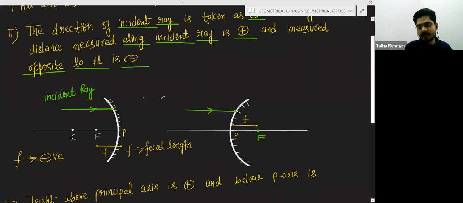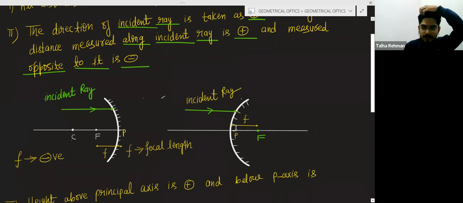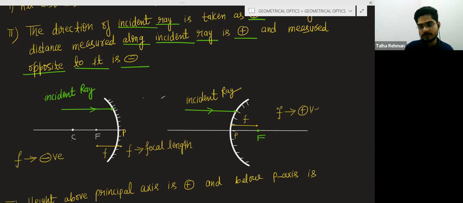This is the direction of the incident ray, and you are measuring the distance in the direction of the incident ray, so the f distance will be positive.